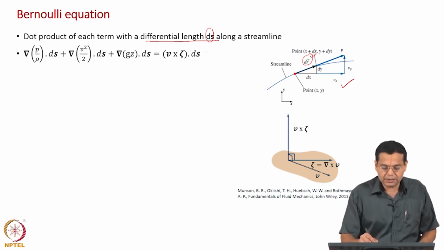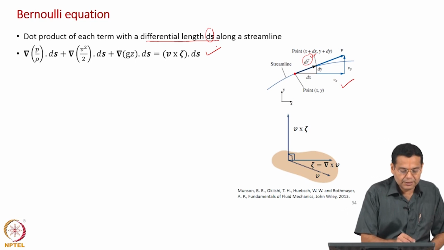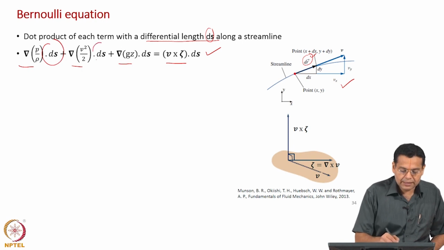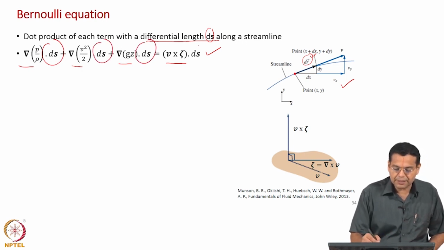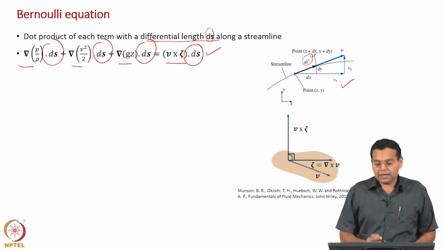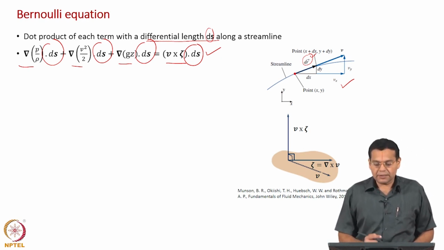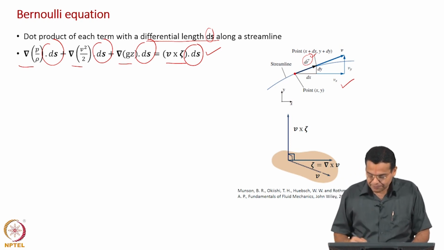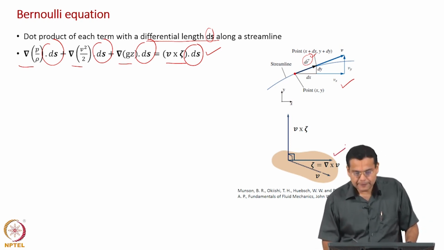Okay. What is this equation? In the previous equation, we had these terms, and every term has been dotted with the ds vector, that is what has been done. Now, let us see what happens to the right hand side, having dotted with the ds vector. To understand the right hand side, we will have to focus on this figure.